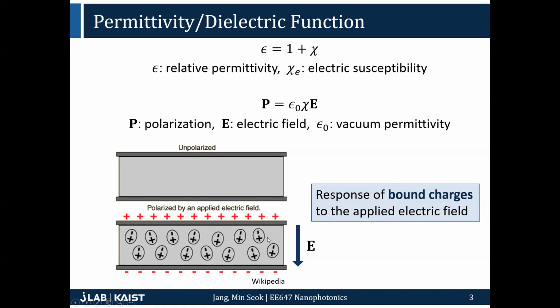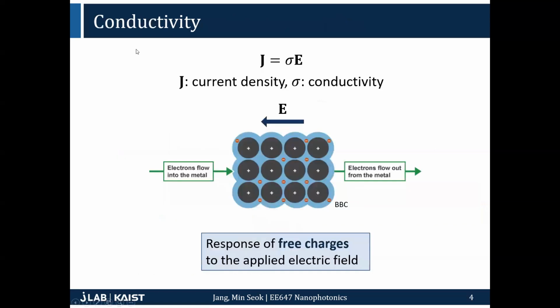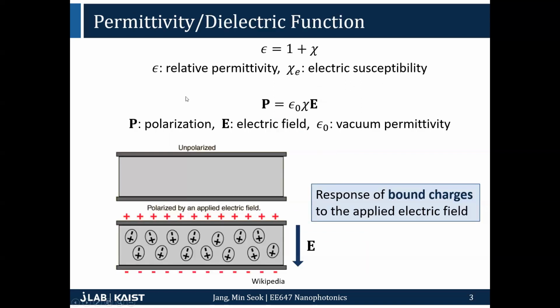It's polarization. And there's a similar concept, but it's different: conductivity. The permittivity is typically discussed in the context of insulating materials. There's no current flow, but the material is going to be polarized, and chi measures how much it is polarized.